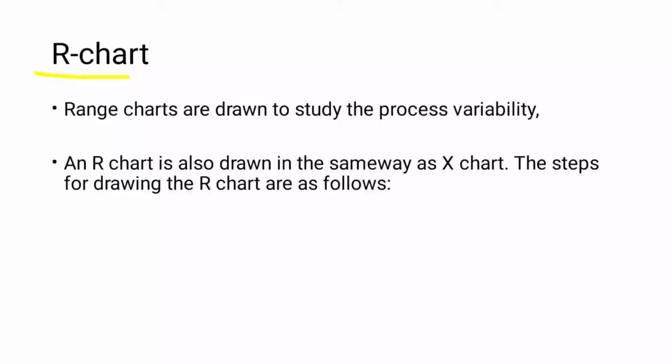So the first point to note here is that it is drawn to study the process variability. Then an R chart is drawn in the same way as the X chart.